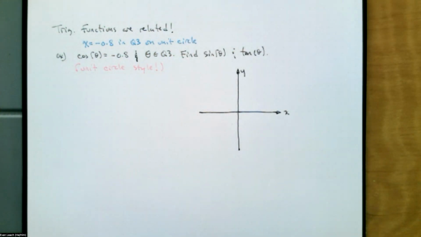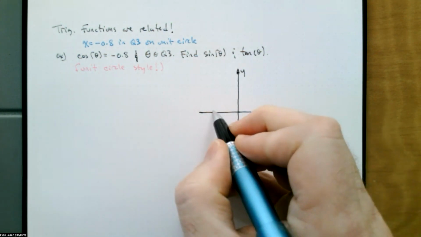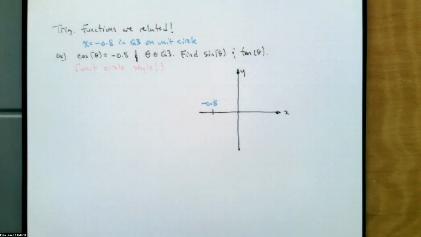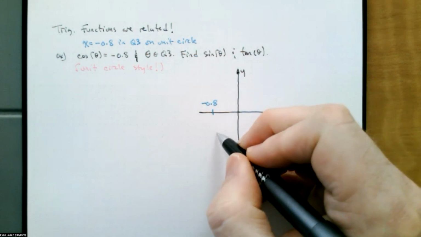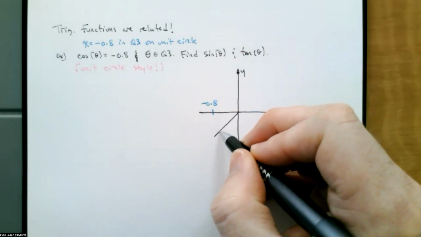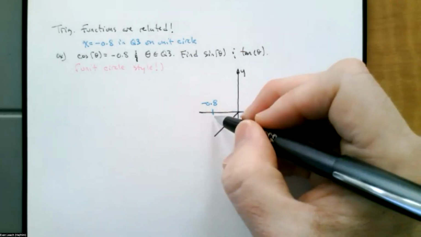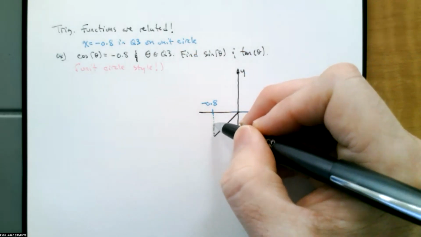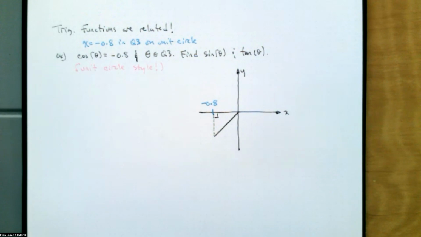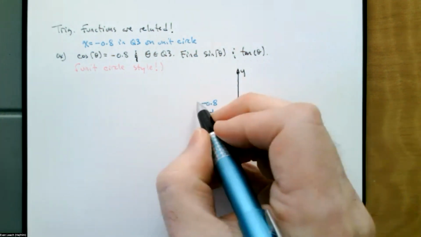I'm going to draw a negative 0.8 on the x in the third quadrant, intersect that with the unit circle, and draw the reference angle in the third quadrant. So there's my x equals negative 0.8 in the third quadrant.